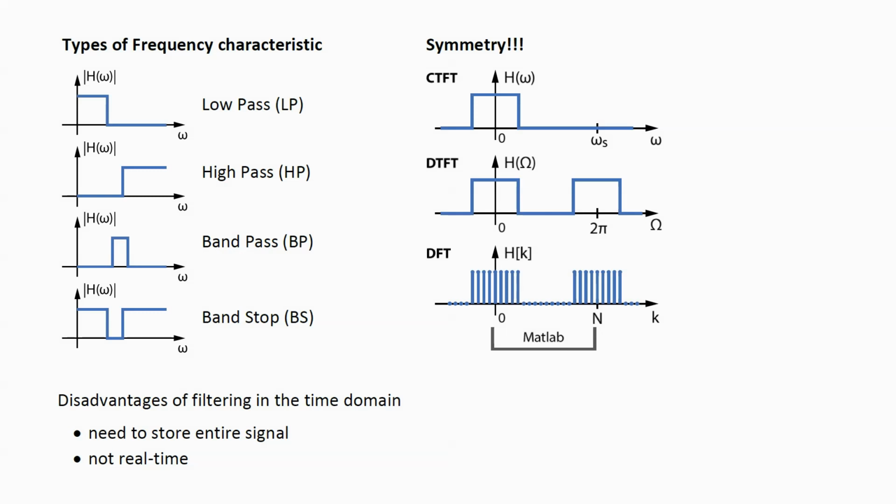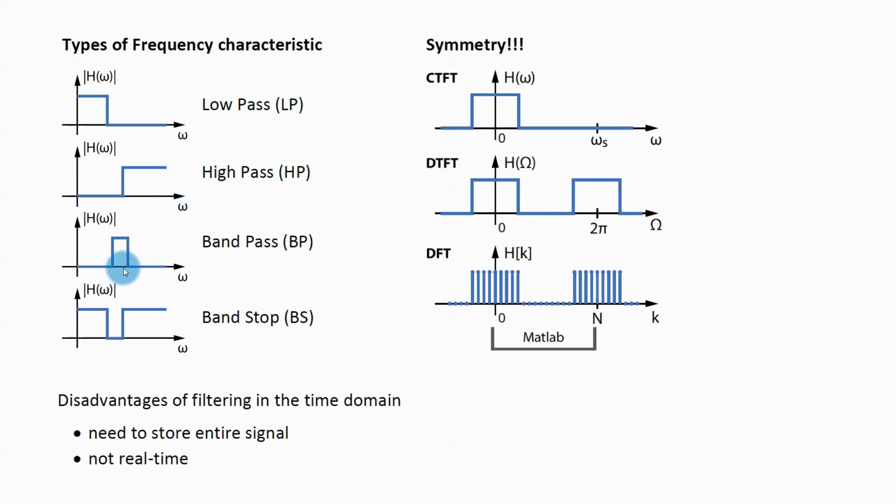We recognize different types of frequency characteristic depending on which frequencies are being predominantly passed. If the frequency characteristic predominantly passes low frequencies, we talk about a low-pass filter. If high frequencies are being predominantly passed, we talk about the high-pass filter.